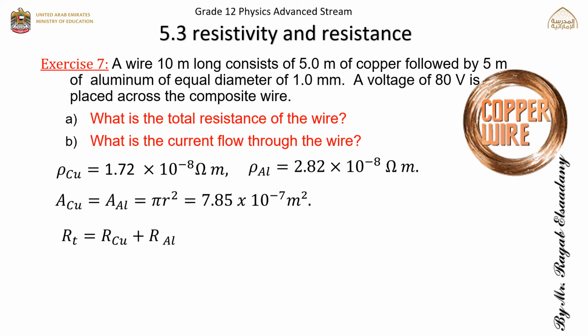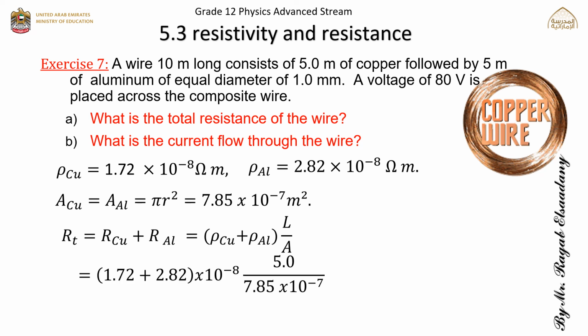R total equals R for copper plus R for aluminum equals rho for copper plus rho for aluminum times L divided by cross-sectional area A. Then R total equals 1.72 plus 2.82 times 10 power minus 8 times 5 divided by 7.85 times 10 power minus 7. Then R total equals 0.29 ohms.